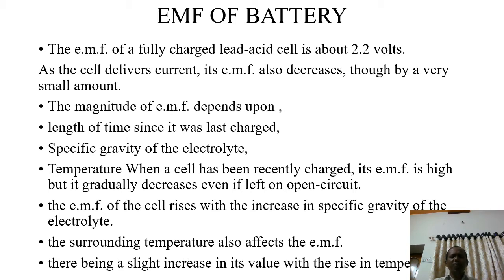The magnitude of EMF depends upon length of time since it was last charged, specific gravity of electrolyte, temperature. When a cell has been recently charged, its EMF is high, but it gradually decreases even if left on open circuit.